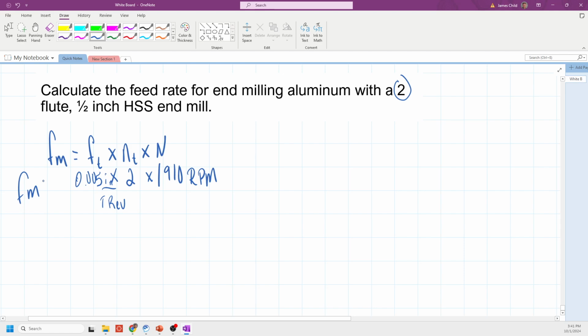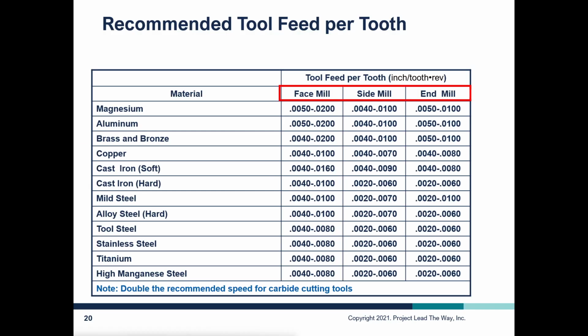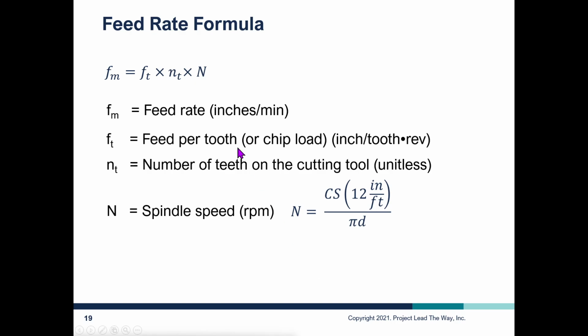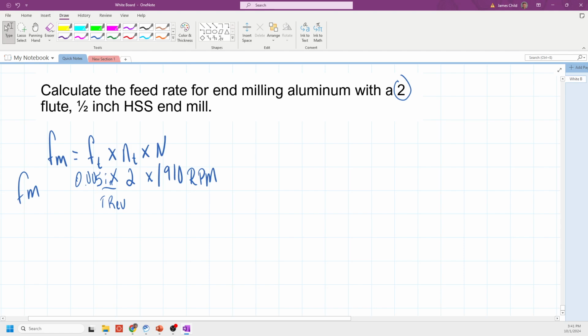Let's go back and see what our units are with that F sub m. So this is inches per minute, and this is per tooth. And while the number of teeth is unitless, it is per tooth. So I'm going to rewrite this over here a little bit.